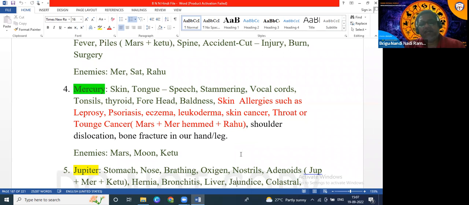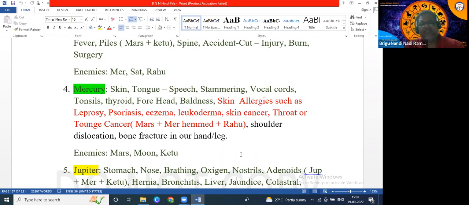And Mercury is the forehead, injury. Suppose when the native gets an accident, his forehead may be injured. And baldness, because Mercury is the forehead. So when there is no hair properly on the forehead, the native goes bald.